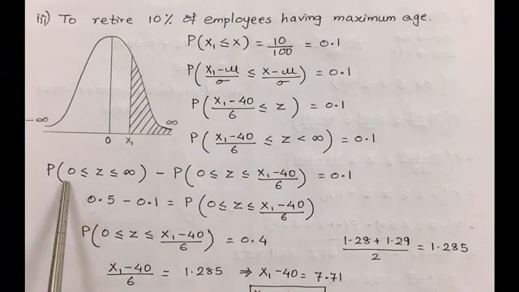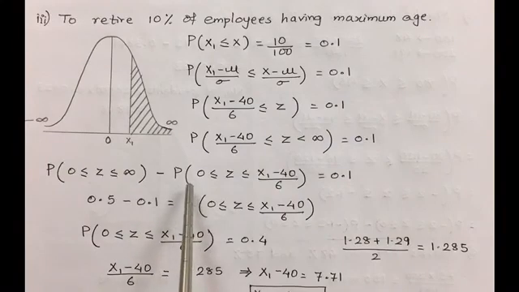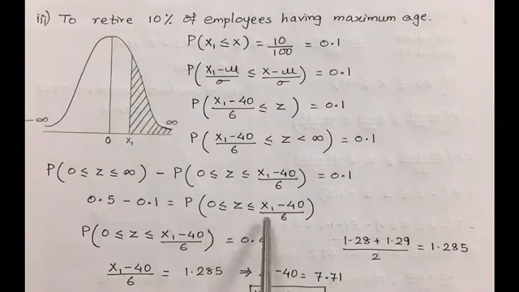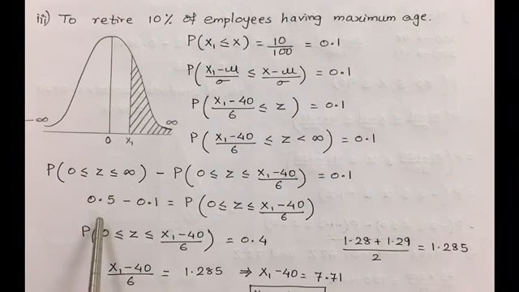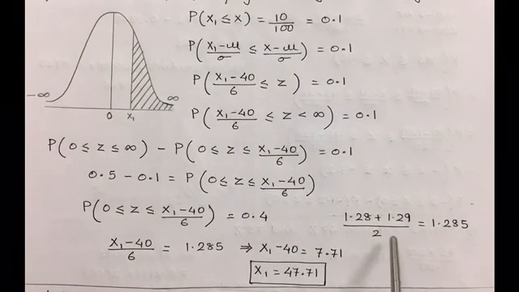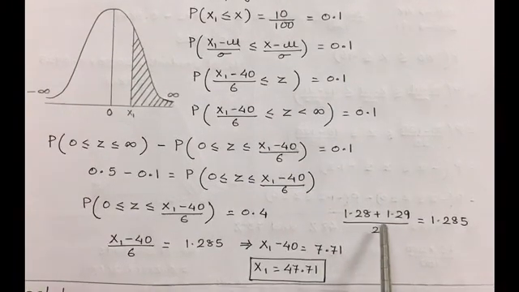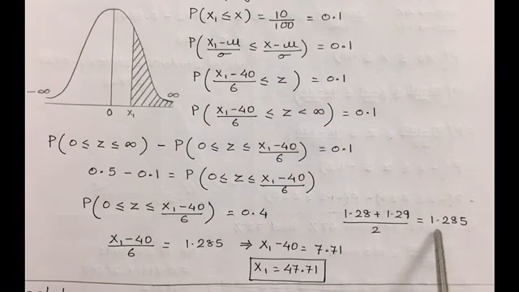Now the area from 0 to infinity is 0.5 minus 0.1, and this whole probability is shifted to the other side and it becomes positive. 0.5 minus 0.1 is 0.4, and for this area, the z value is the average of 1.28 plus 1.29 divided by 2, that gives 1.285.